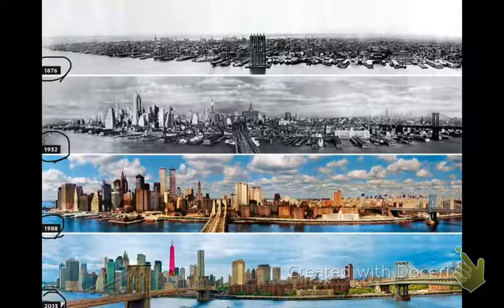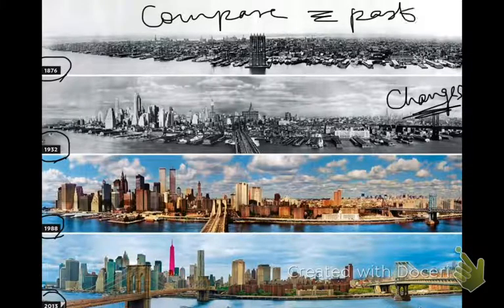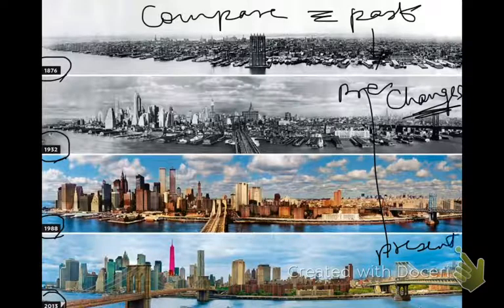Now you can see very clearly there have been changes introduced. So when can you see and state that there have been changes? When you can compare. You see what was there in the past and compare it with the present, and then you can talk about what the changes are.